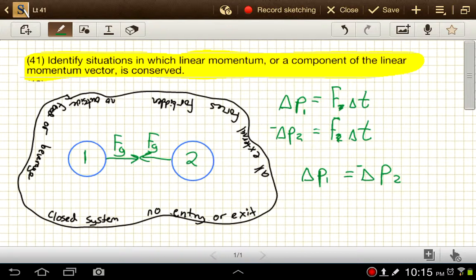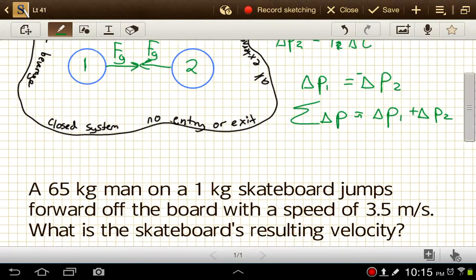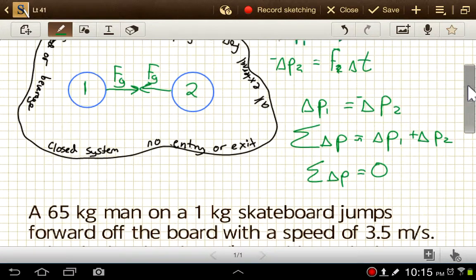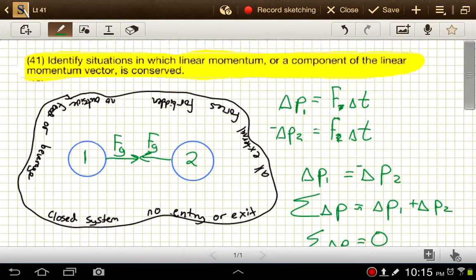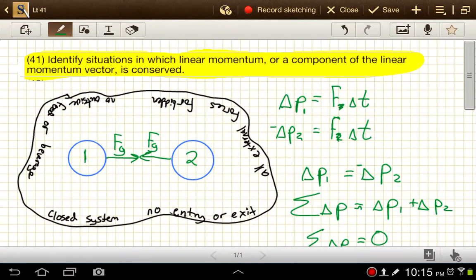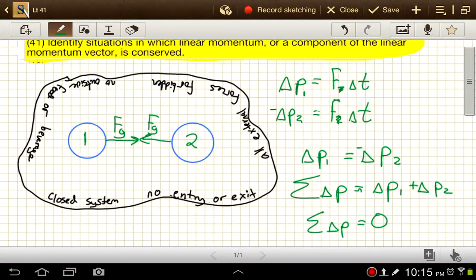So if I wanted to know what the total change in momentum is, it'd be the change in momentum for object 1 plus the change in momentum for object 2, which is just going to be 0. Momentum doesn't change for this closed system for the total. Now it may change for any individual object in there, but the total momentum doesn't change.